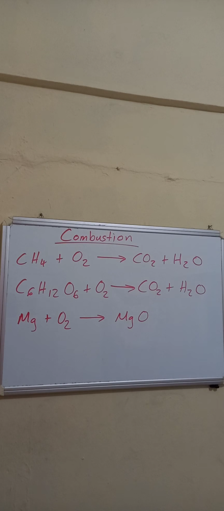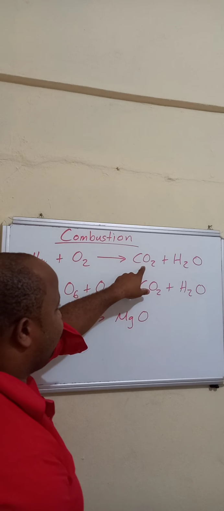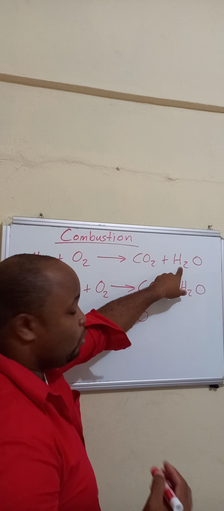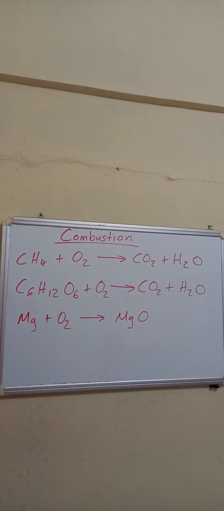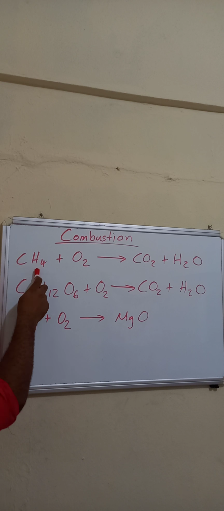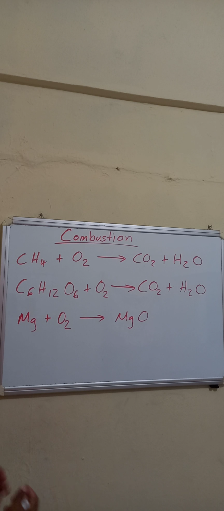So combustion, you are reacting a compound with oxygen. Now if the compound consists of carbon, hydrogen, and oxygen, you will get carbon dioxide and water. If it consists of carbon and hydrogen only, you get carbon dioxide and water.